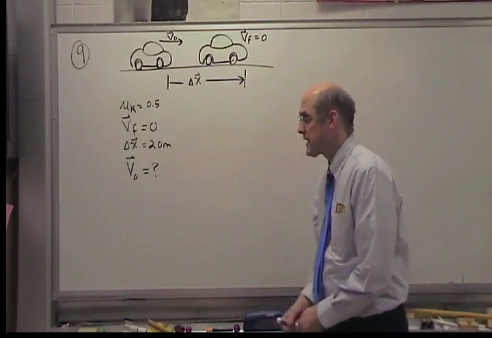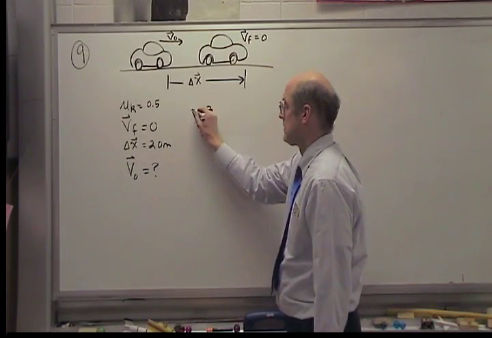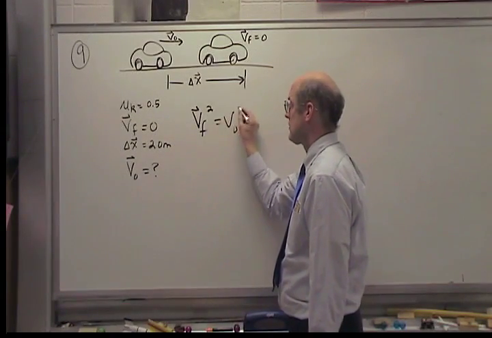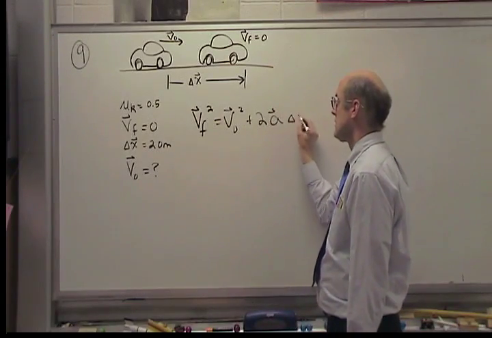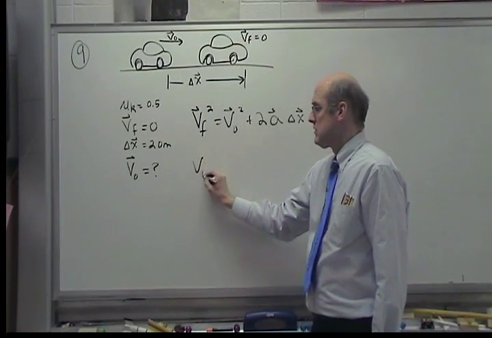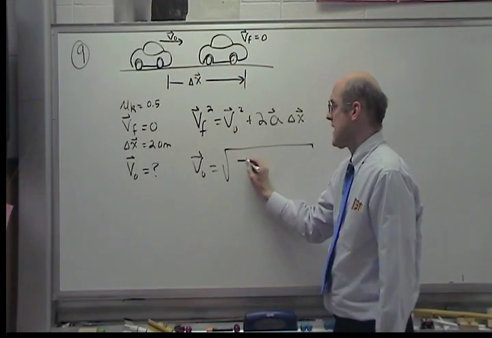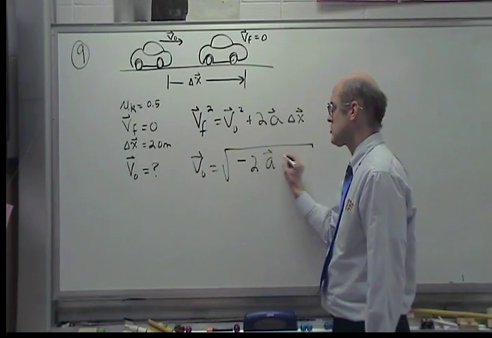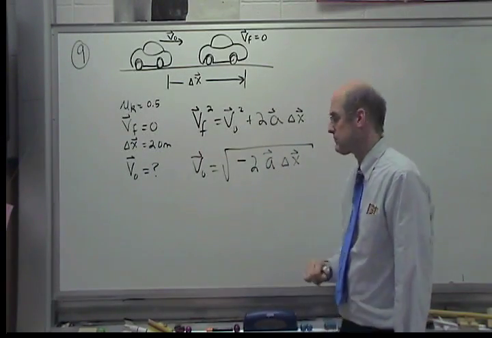So I'm going to start with the kinematics equation. Vf squared is equal to V0 squared plus 2 times the acceleration times delta x. Solving for V0, I get the square root of -2 times the acceleration times the displacement. Remember, Vf goes to 0.